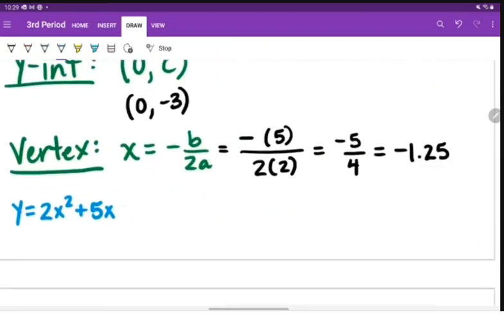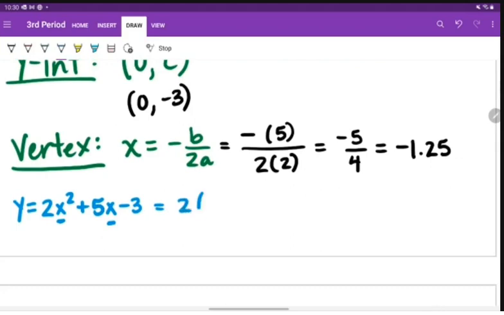Minus 3. We take this equation and we're going to plug negative 1.25 in for x here and here. So that'll be 2 times negative 1.25 squared plus 5 times negative 1.25 minus 3.